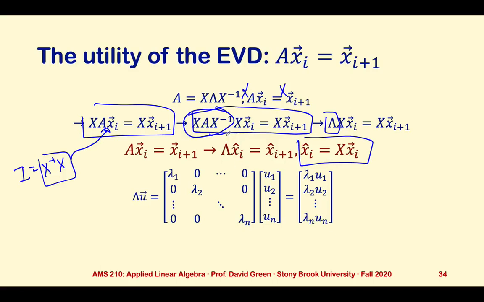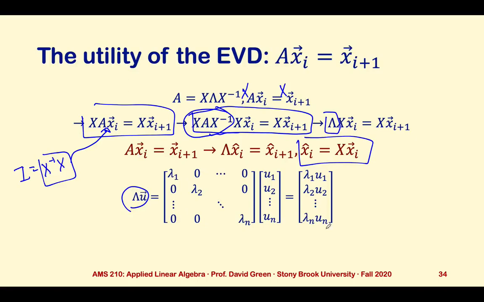Why is this helpful? Well, this product, lambda times xi hat, is very easy to compute. When we have a diagonal matrix multiplied by a vector, all we need to do is multiply each term of that vector by the corresponding eigenvalue. Matrix multiplication is expensive.